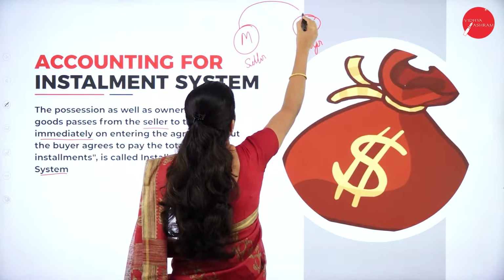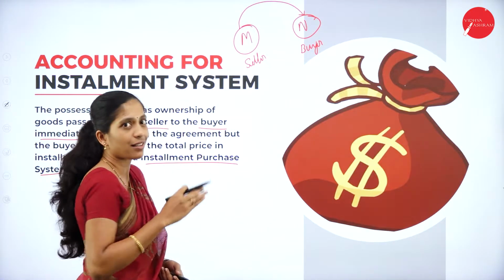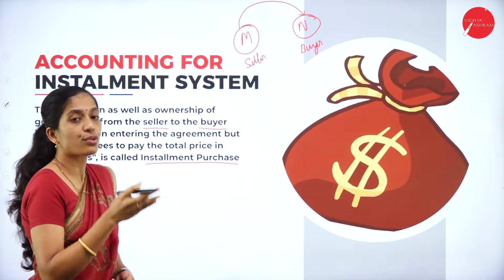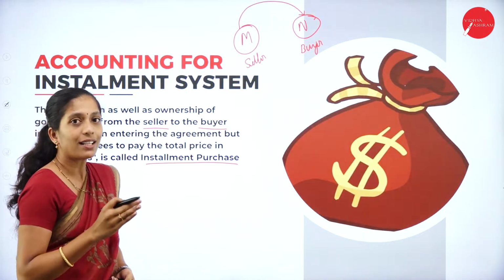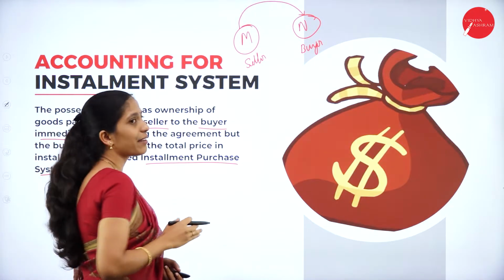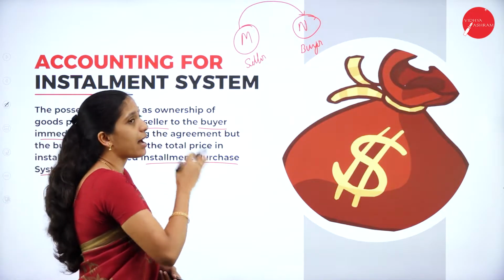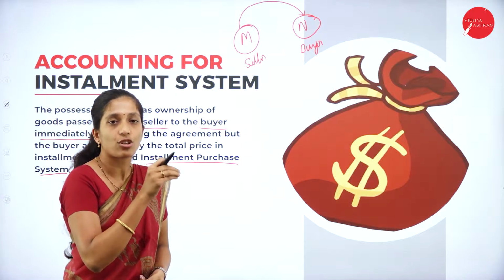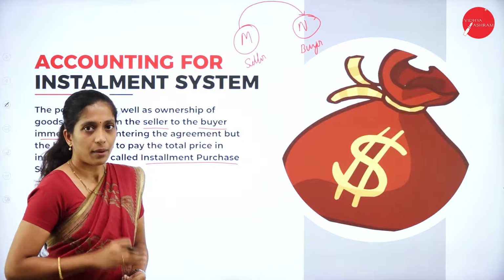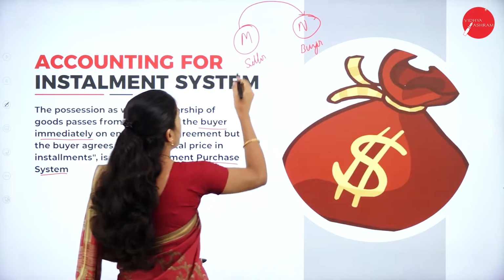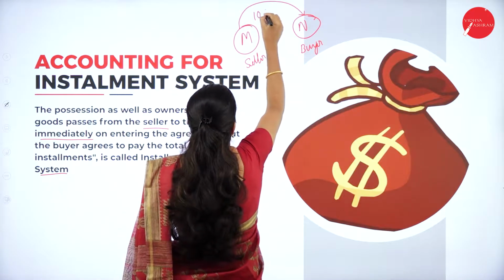M will transfer the goods to N. The seller transfers the goods to buyer on the condition that on the delivery of the asset, N has to pay a certain percentage of the cash price of the asset. For example, the cash price of the asset is 10,000.